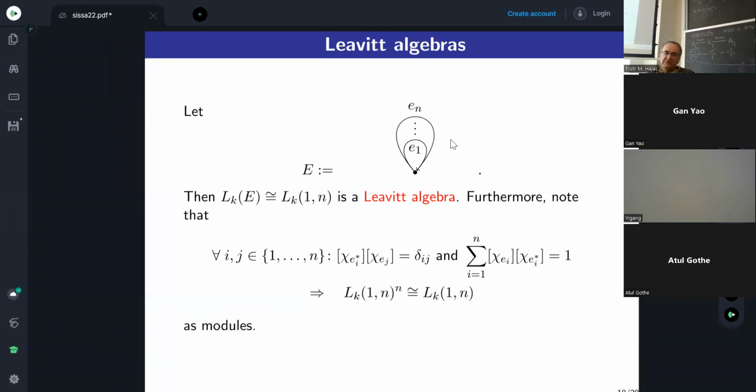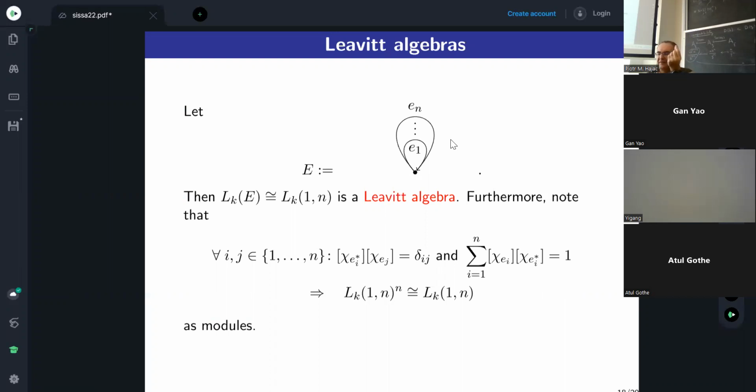Given two different natural numbers, say m and n, find a universal ring R with the property that the free module R^n is isomorphic as a module to the free module R^m. For each such pair of different natural numbers, he constructed a universal ring with this property. And these are Leavitt algebras.